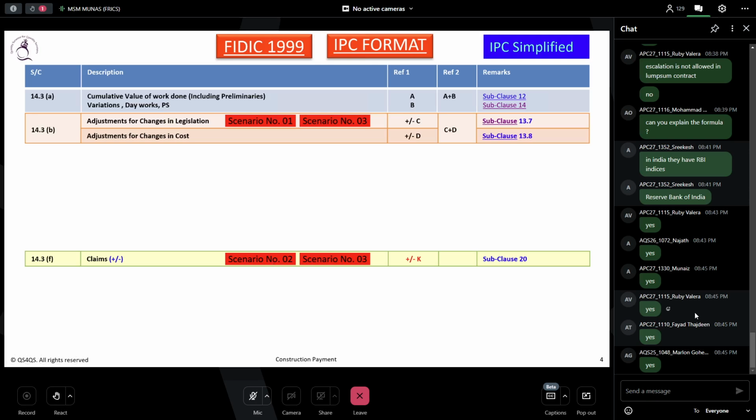Let's say this does not impact the cost of the material or anything, but it is delaying the project because of changes in legislation, like any law introduction. Let's talk about the law introduced in Oman a few years back.